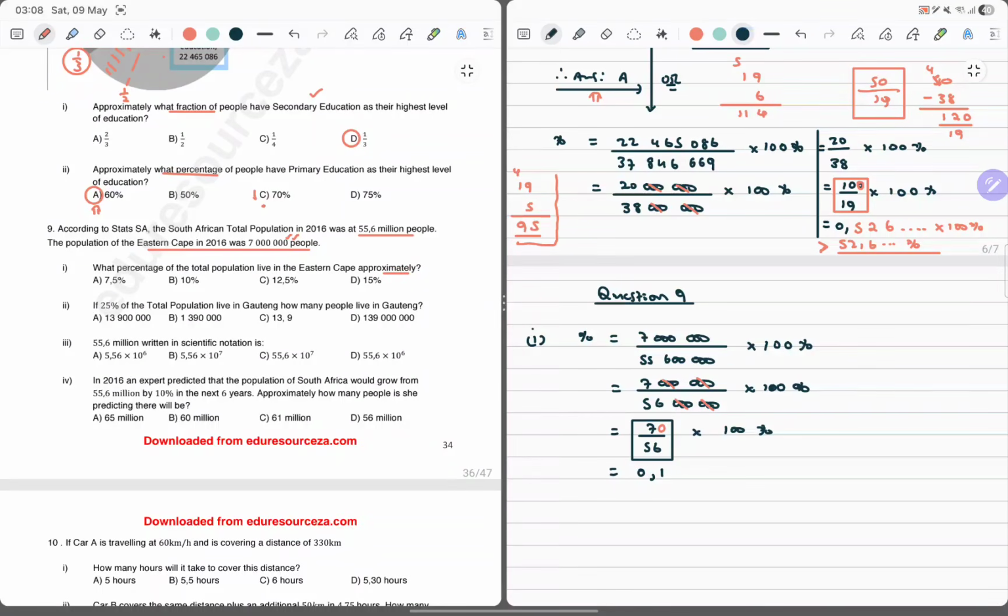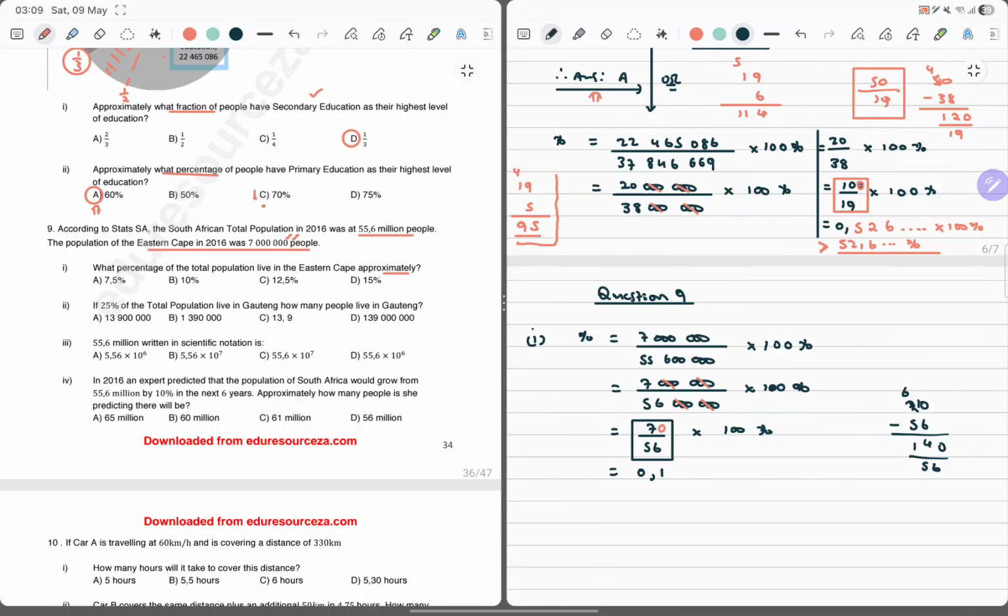Remainder 14. 70 minus 56, borrow 1. So it goes once, remainder 14, and then we put a 0 there over 56, and then we see how many times does 56 go there.